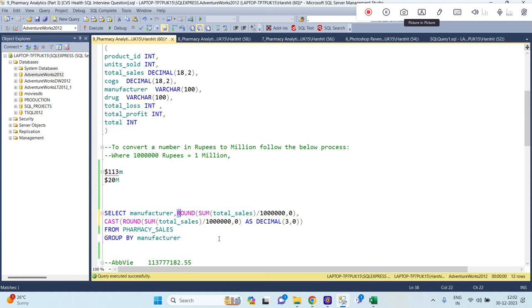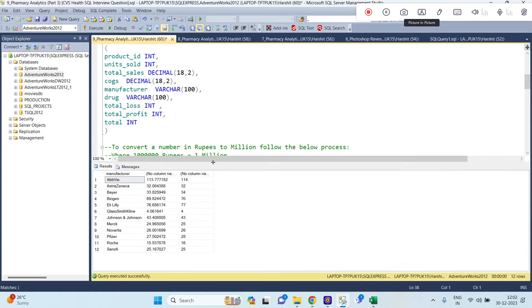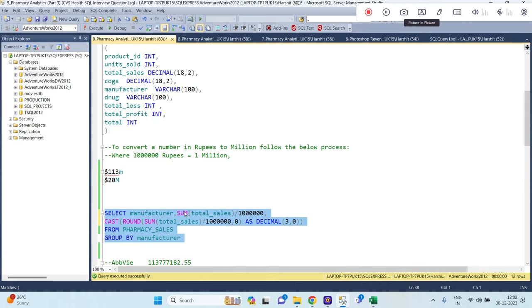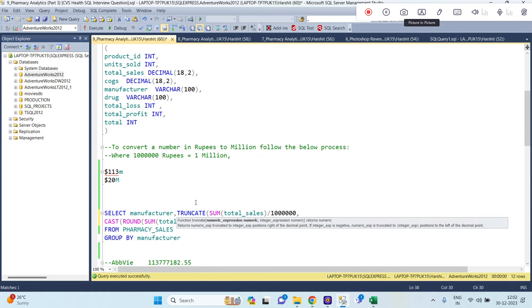Okay, one thing we can do is truncate. I think truncate.